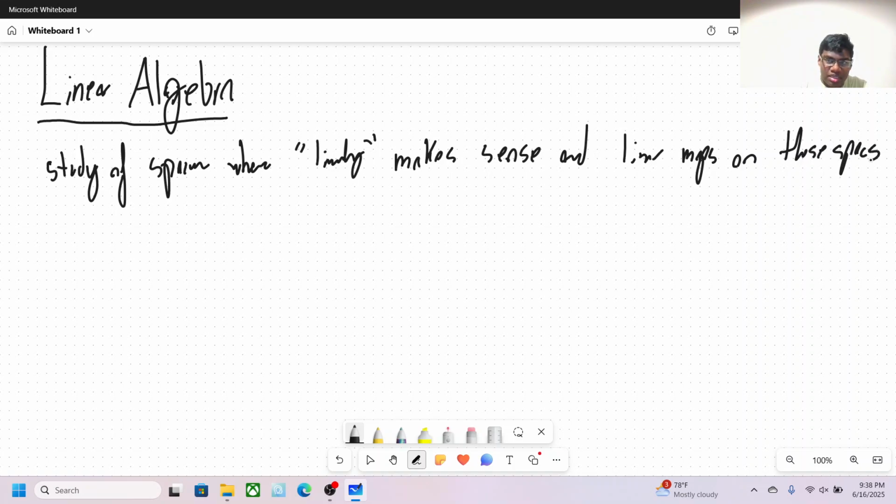So basically, spaces where we have this notion of linearity and then these actual linear objects on top of that.